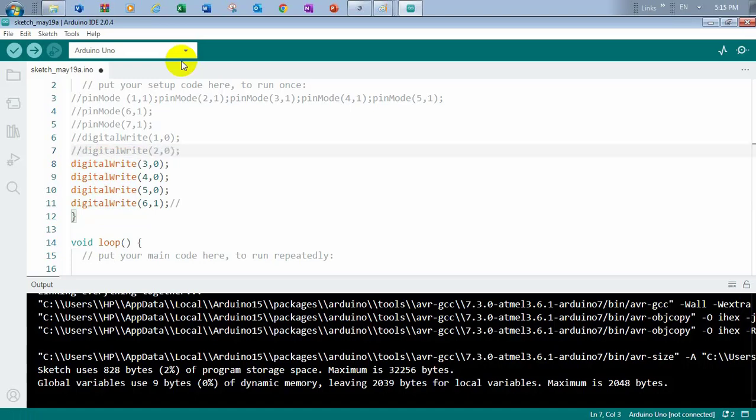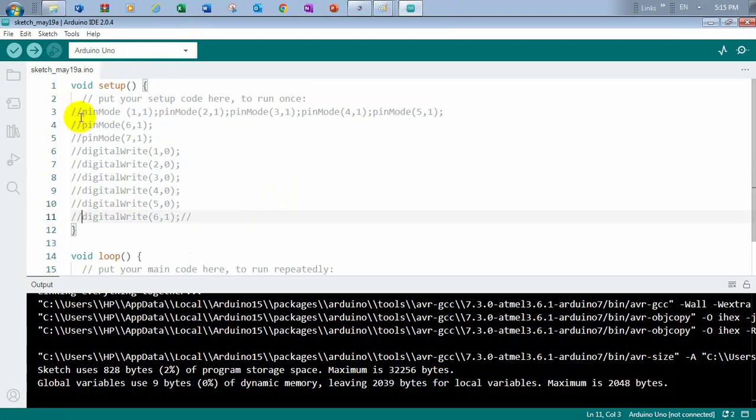We wrote this instruction just for now, each leg connects to each segment of the display. Okay, so we write it here to be a comment, just a comment.